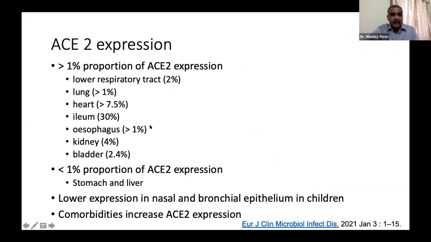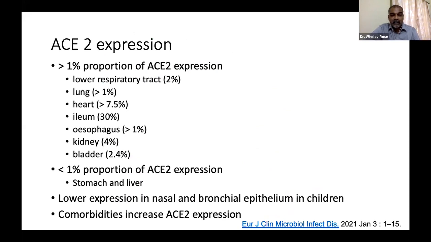Now, the ACE2 expression is one of the important features which tells us where the virus can be and where it can cause pathology. Different tissues in the body express ACE2 at different levels, and if the expression of ACE2 is high, that organ is likely to be infected more.